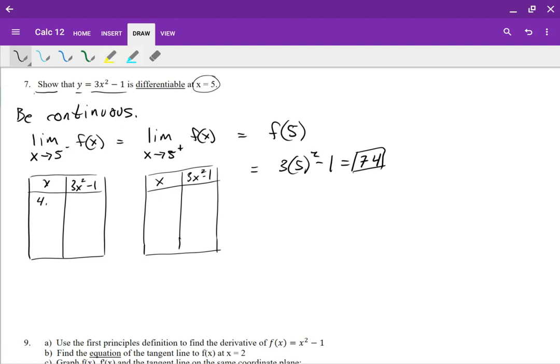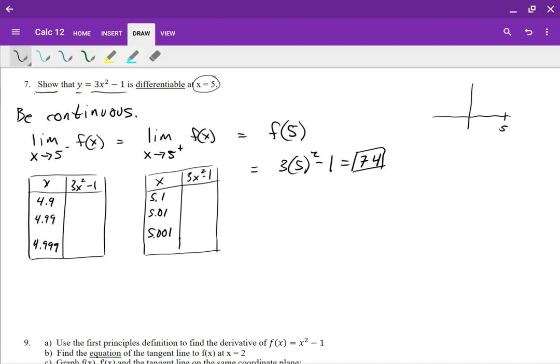So like 4.9 here, 4.99 and 4.999, and 5.1, 5.01 and 5.001. Now, what we're trying to do here, if you think of this graphically, is approach 5.